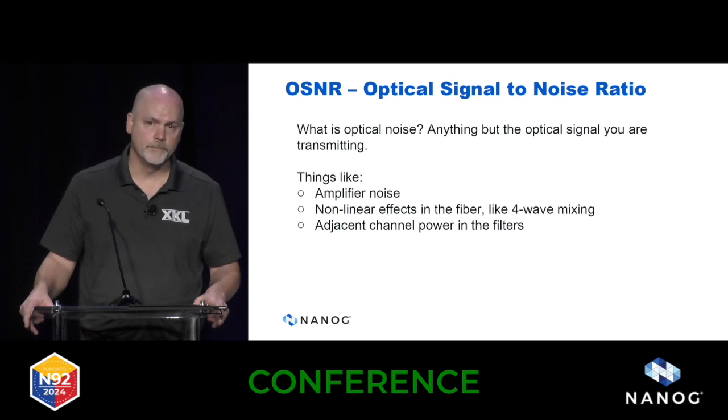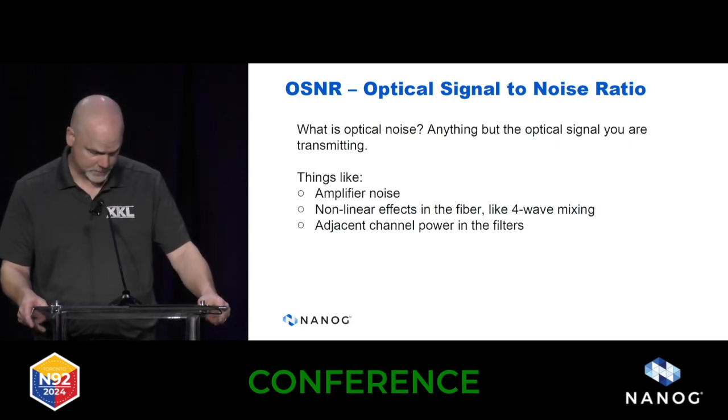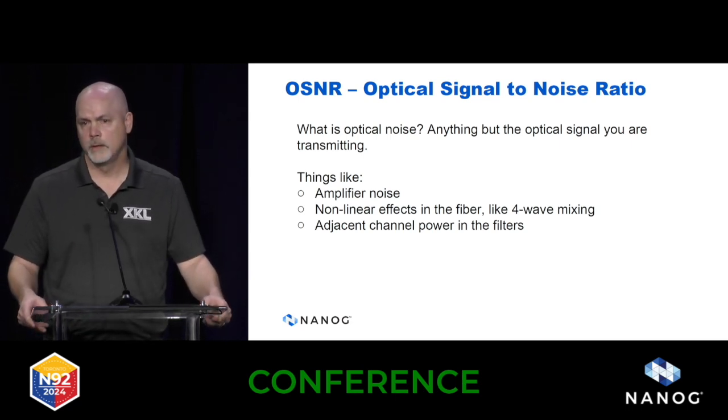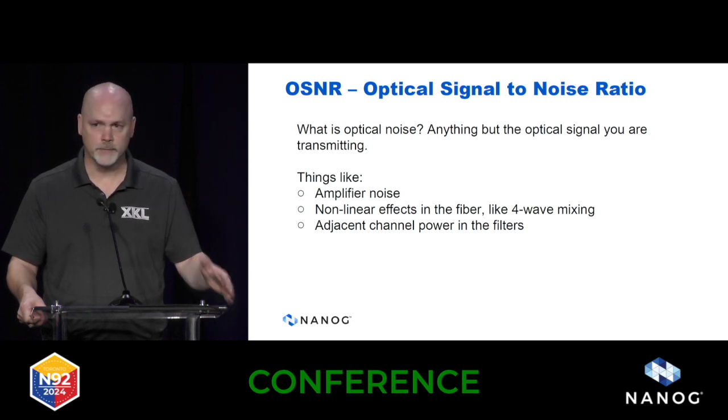Okay, OSNR. This is the big deal in your network. Once you get too much noise in your network, if you don't convert that optical signal to electrical signal, you're never going to convert it. It's done. If you exceed the OSNR spec of these transceivers, they die pretty quickly. Everything's running wonderfully, and then all of a sudden it's not. It really drops off like that.